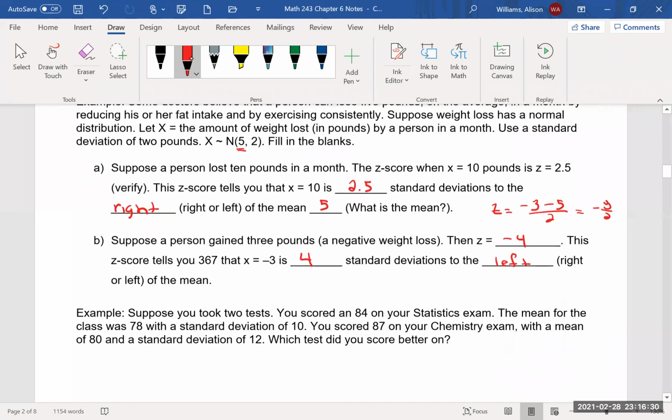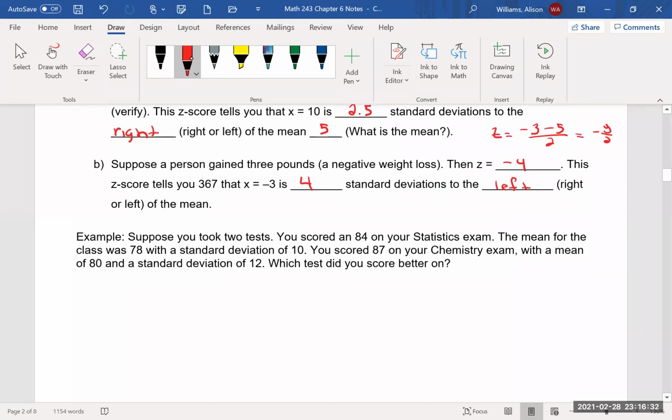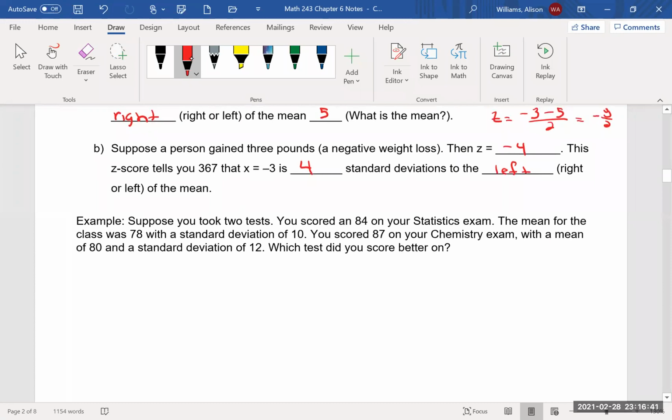All right, so here's kind of the big final example, and it kind of gives us a really great application of what z-scores allow us to do. So suppose you take two exams and you scored an 84 on your statistics exam. And then you were told the mean for the class. So overall, you were above the mean. The mean was 78 and a standard deviation of 10.